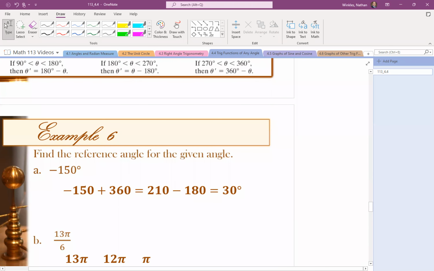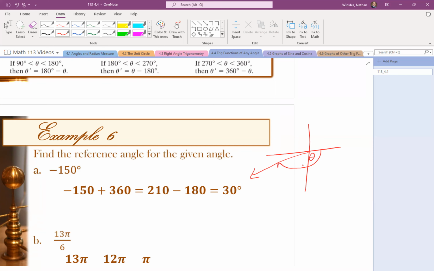First, we just want to find our reference angles. So negative 150 degrees puts us here. I need my first positive angle, so the first thing I need to do is add 360 degrees. Then I'm looking at this angle.